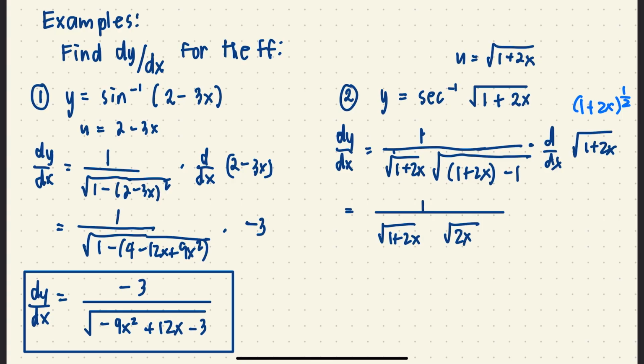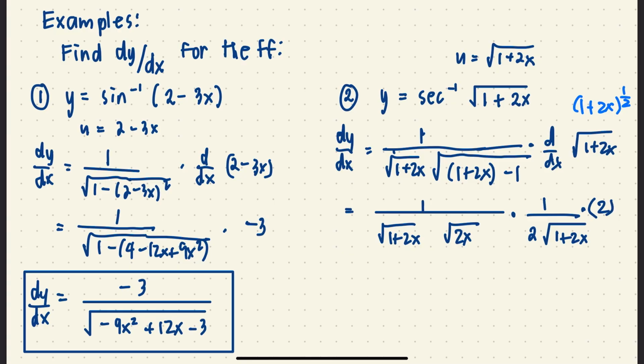And then we multiply by the derivative of 1 plus 2x raised to 1 half. That is simply 1 half times 1 plus 2x raised to negative 1 half. Raised to negative 1 half is the square root in the denominator, so the square root of 1 plus 2x. Then the derivative of 1 plus 2x is simply 2.